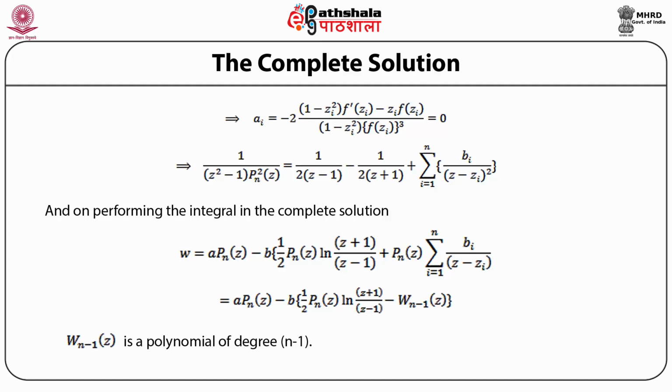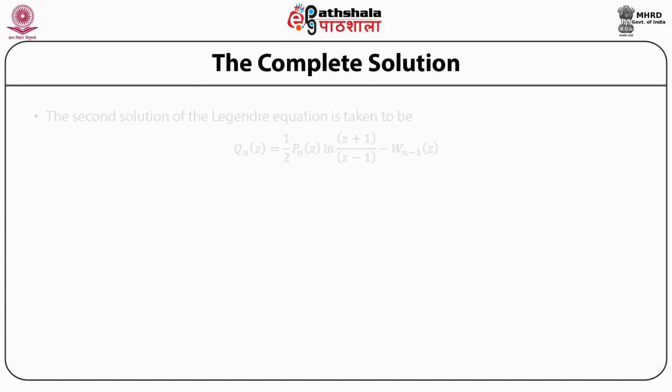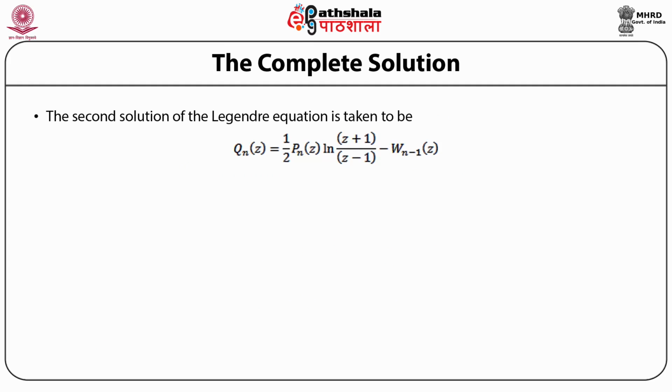Here A and B are arbitrary constants and Wn minus 1 of z is a polynomial of degree n minus 1. We next take the second solution of the Legendre equation to be Qn of z is equal to 1 by 2 into Pn of z into natural log of (z plus 1) by (z minus 1) minus Wn minus 1 of z.